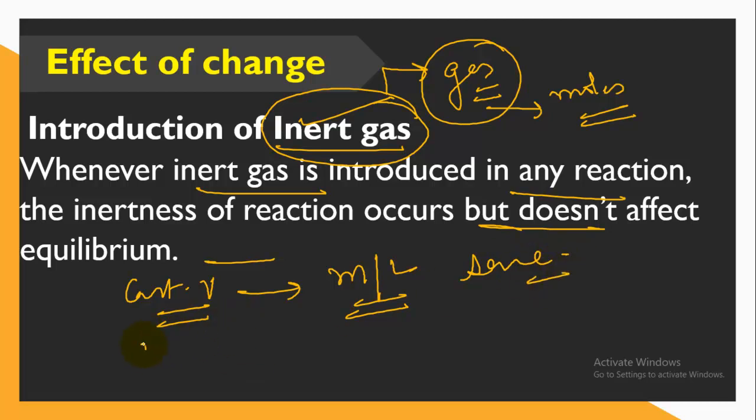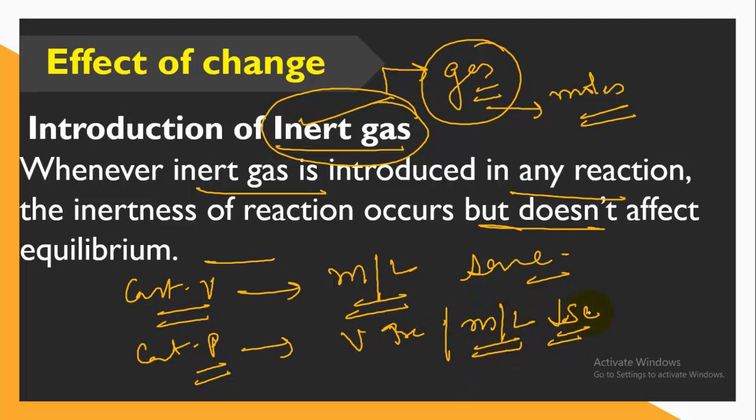But if we introduce it at constant pressure, the volume will increase in that case. Increase means moles per liter will decrease, and it will make the reaction subjected to a kind of stress, and it will shift the direction to the side where moles per liter are increasing.